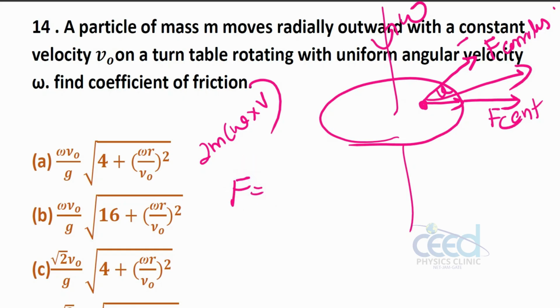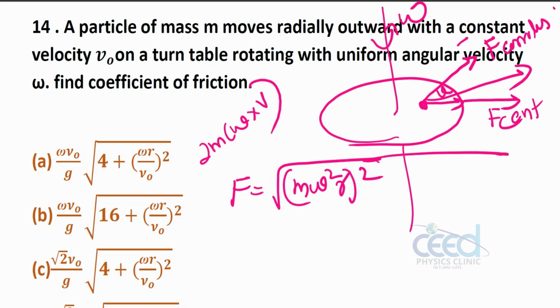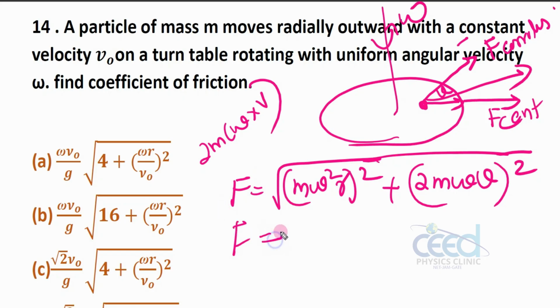What is the resultant force? Square root of the centrifugal force, which is m omega square r, whole square, am I right, plus 2m omega v the whole square, that is the Coriolis force, right? Now 2m omega v is there; v0 is this v, and all they gave is v. Now let me take this F. What can you take out here? See, let me simplify this first.